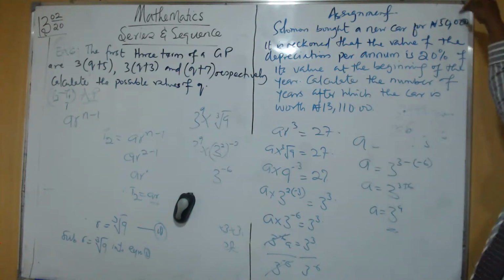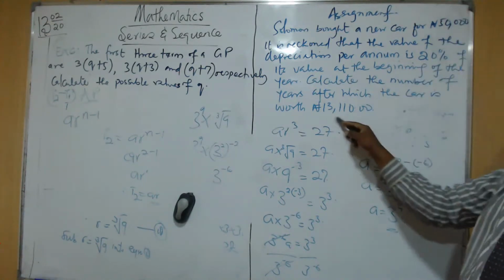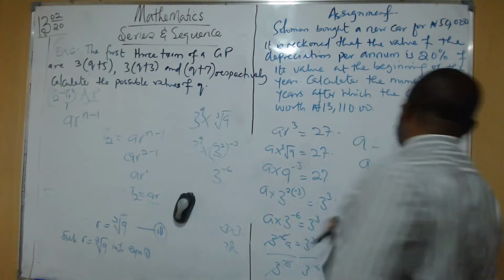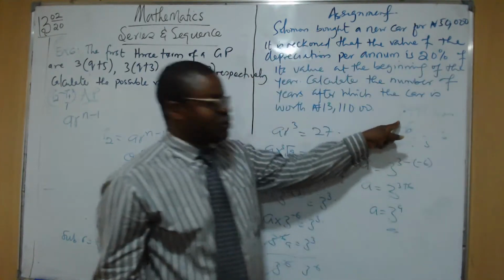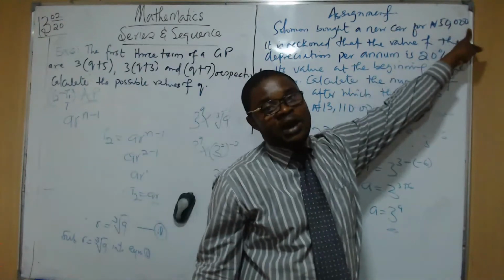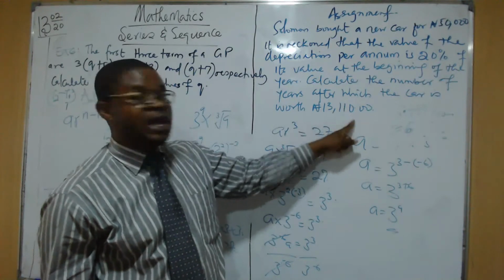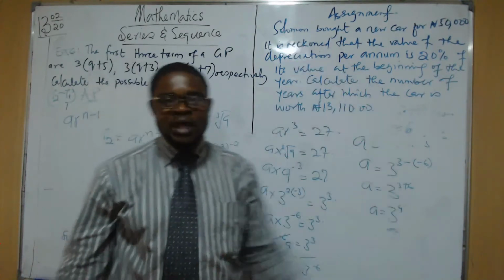If you take that car from 50,000 naira, it will depreciate to 13,100 naira. So work it out and see if you get that.